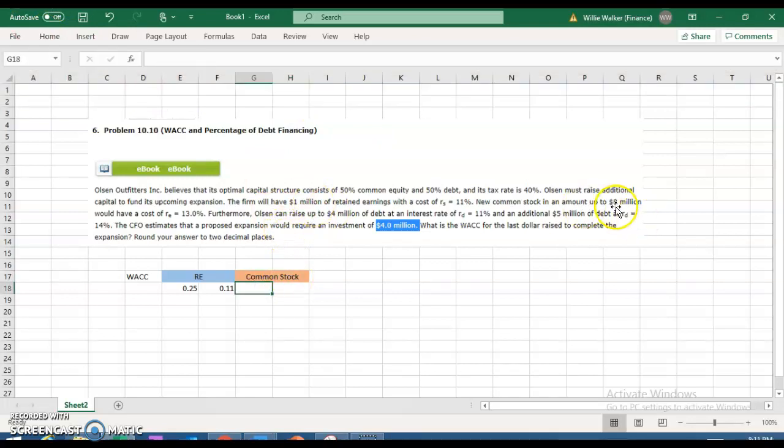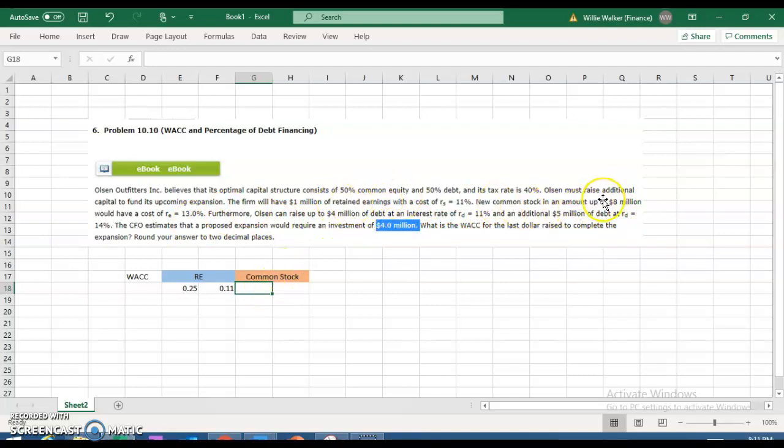They have 8 million. We only need 2 million out of that 8 million because retained earnings and common stock are both equity, and we can only use 50% of it because that's what our capital structure consists of, 50% equity. So we already got $1 million from retained earnings. Now we need 1 million out of this 8 million at 13% to get our $4 million investment.